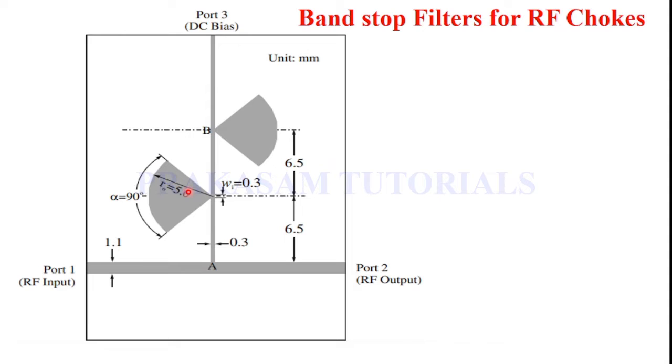The radius R0 of a radial stub decides the center frequency of the stop band, and the angle alpha equal to 90 degrees of a radial stub affects the bandwidth. The width W_i, now the width is 0.3. So the width can affect both the center frequency and bandwidth.